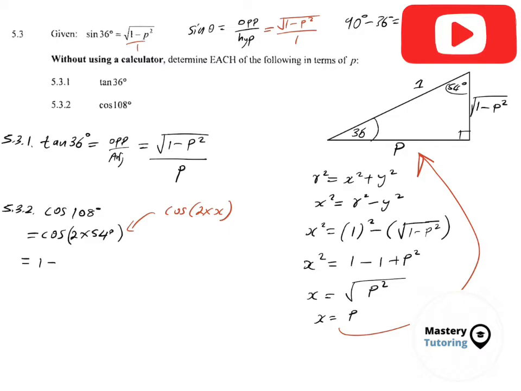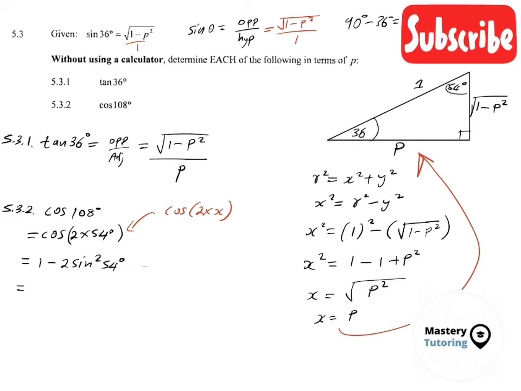So this is the same as 1 minus 2 sine squared 54 degrees. I don't know why I keep making mistakes.